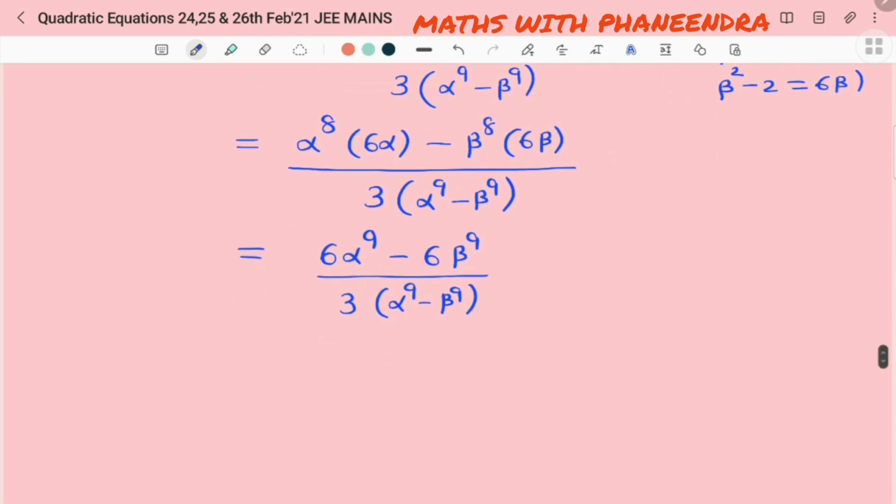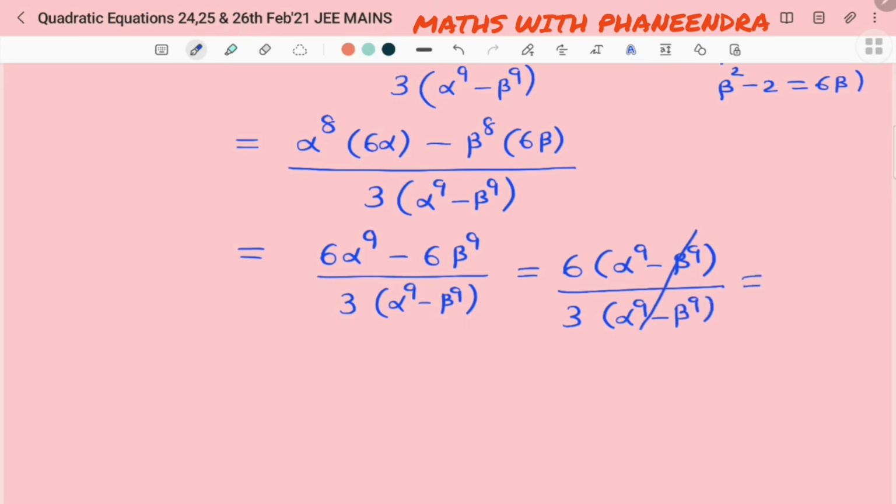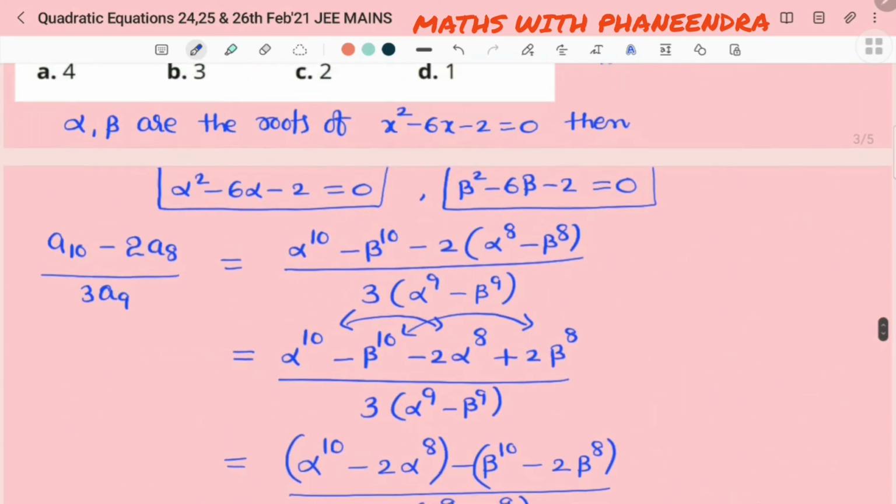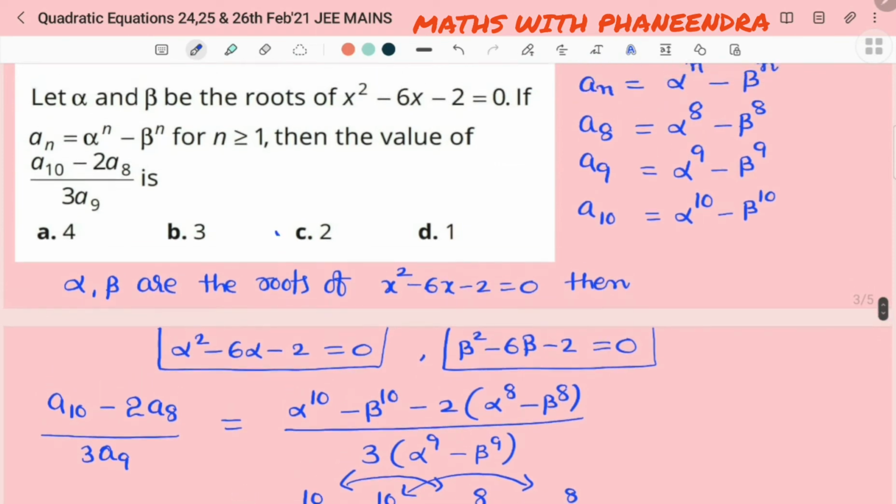Take 6 common from the numerator: 6 into alpha power 9 minus beta power 9 by 3 into alpha power 9 minus beta power 9. So 3 ones are 3, 3 twos are 6. Therefore, the conclusion: a10 minus 2a8 by 3a9 is equal to 2. So the answer is 2, dear students, which is there in the third option.